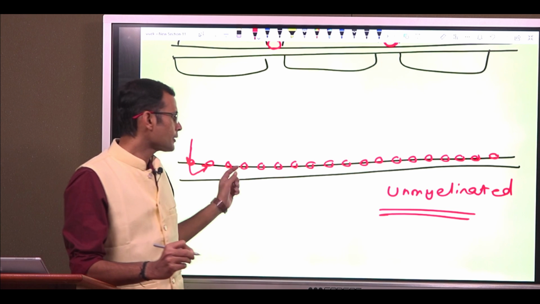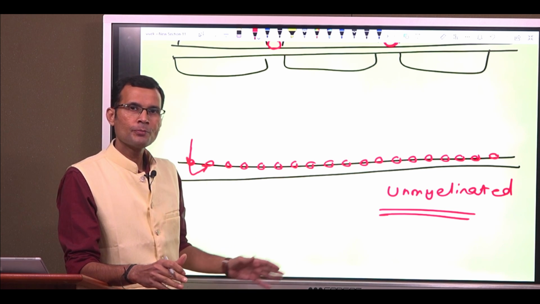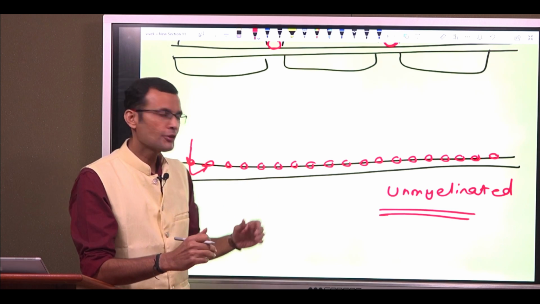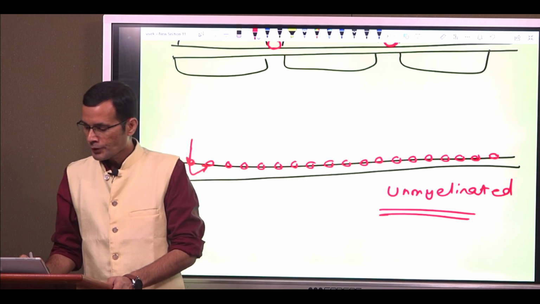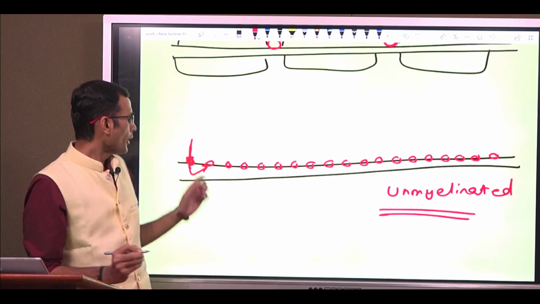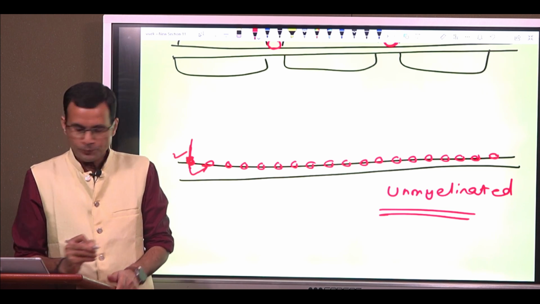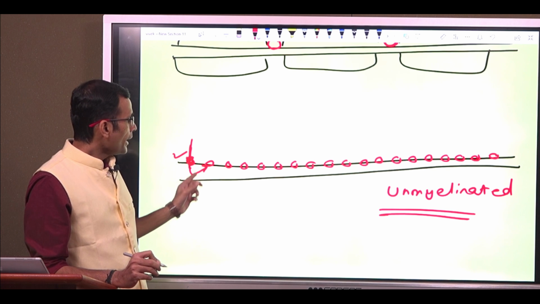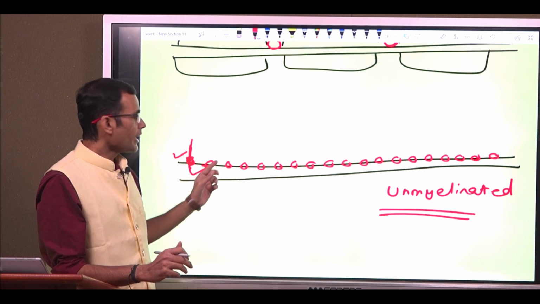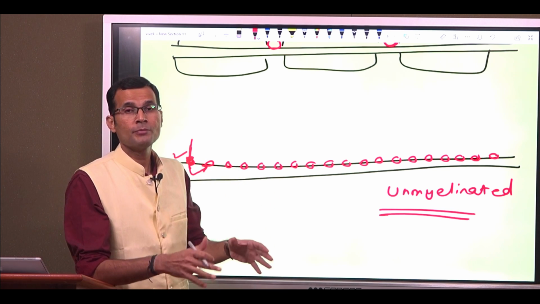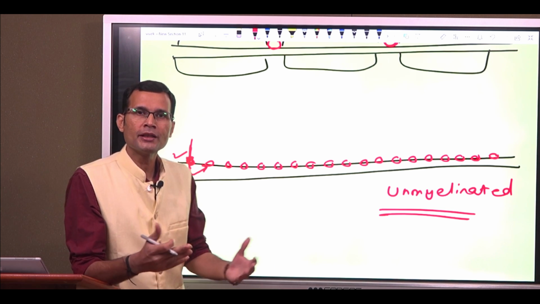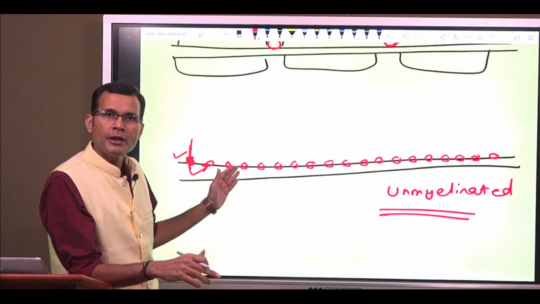Stimulus applied to the first point reaches threshold and generates the action potential. Sodium, the positive charges, are coming in, and this first point has excited. Those positive charges reach the next adjacent point where the sodium channels are located, and the next point reaches threshold automatically by those positive charges which have come in.